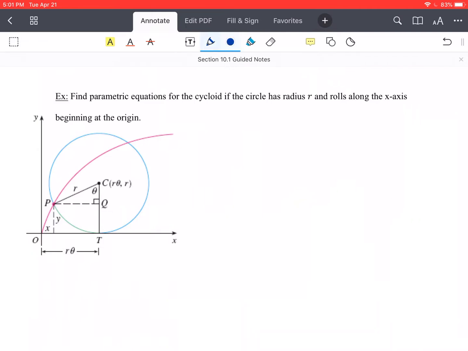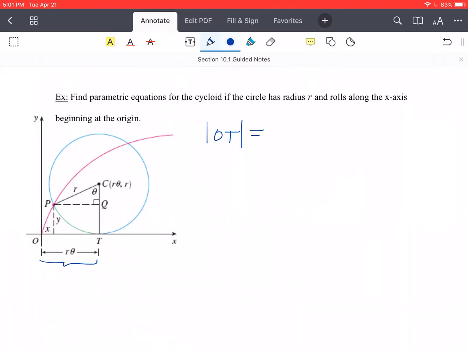So a couple things that you're going to have to just go with me on here. First of all, this segment OT down here, the length of that segment is going to be the arc length of PT. So PT is the curve around the circle here. So this is PT that we're looking at, and these two are going to have the same arc length.